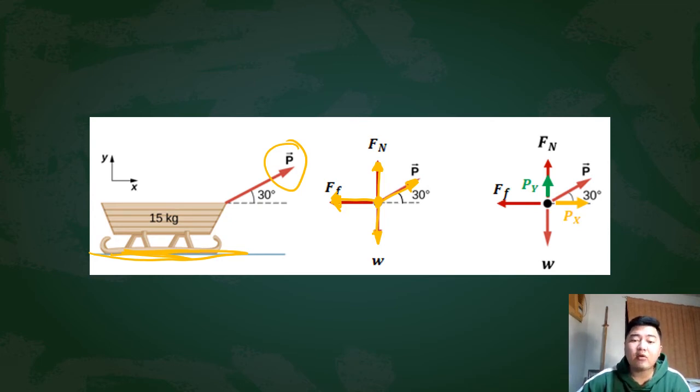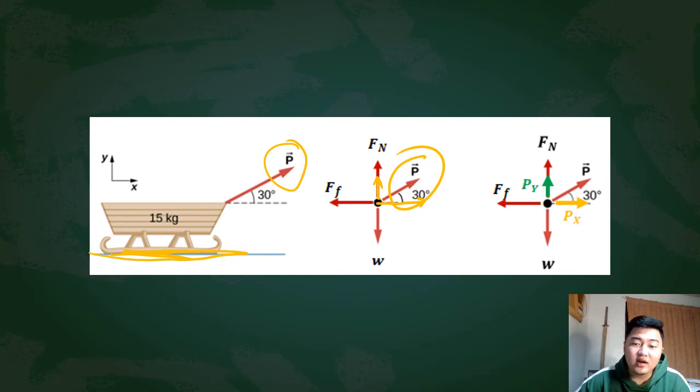So this will be our free body diagram. You have here your applied force, which can be resolved into its x and y components so that we can solve for the net force acting on the sled. So you have your applied force along the x and your applied force along the y-axis.